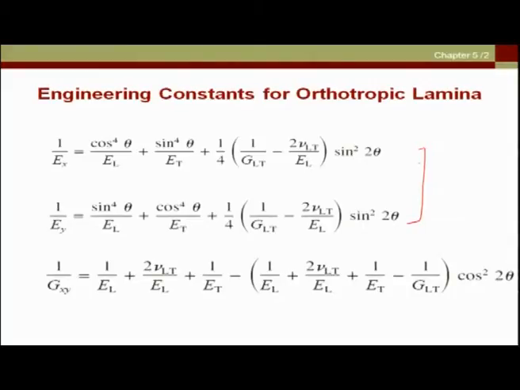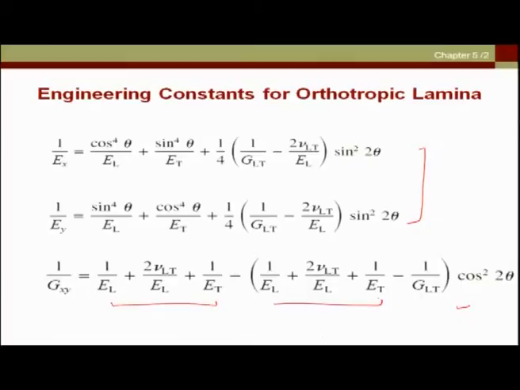Similarly, when theta equals 0, let us look at the third equation. So, when theta equals 0, then cosine square 2 theta becomes 1, and what happens is that the terms outside the bracket and the first 3 terms inside the bracket, they cancel out each other, and essentially what that implies is that when theta equals 0, then Gxy is same as GLT.